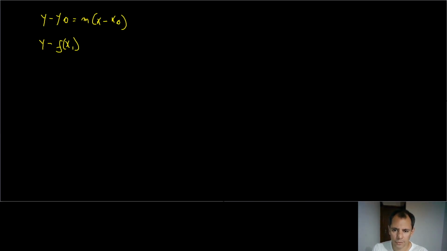Then you have the rest of the formula, which equals the derivative of the function at x1, which is the slope of the function at x1, times x minus x1. All right. Now, you want this x over here to be closer to the zero than this x1, okay?